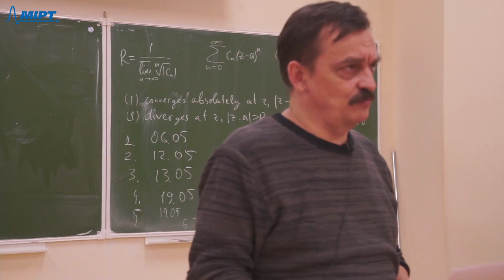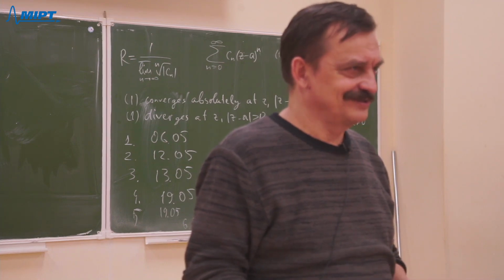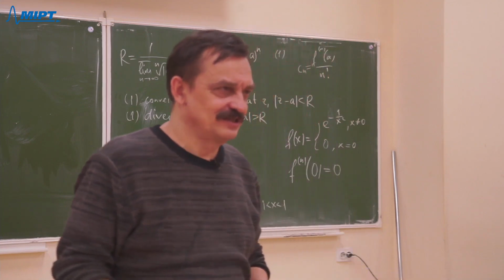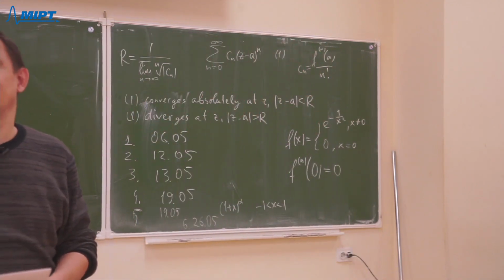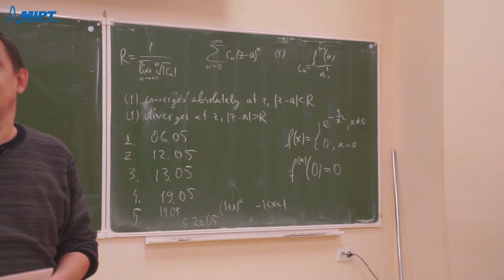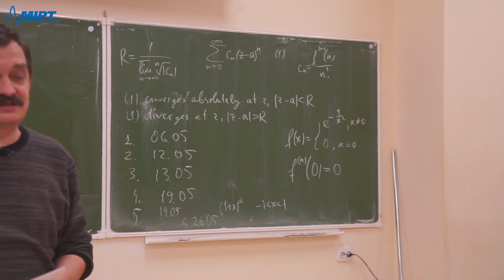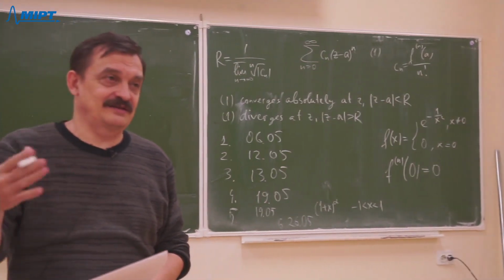Taylor series for complex exponential, but that is definition. We define the complex exponential function in terms of e to the power x times cosine y plus i sine y, and then we expand.